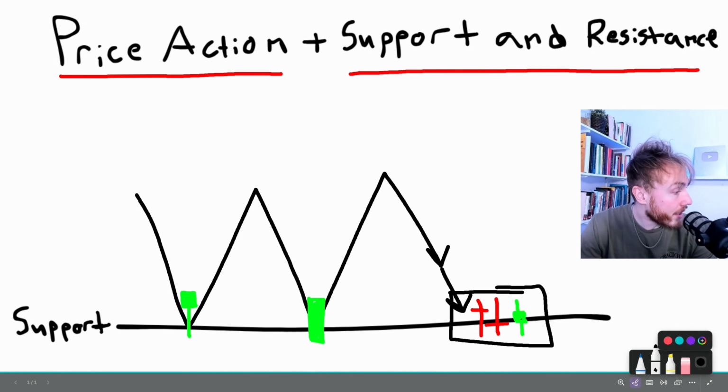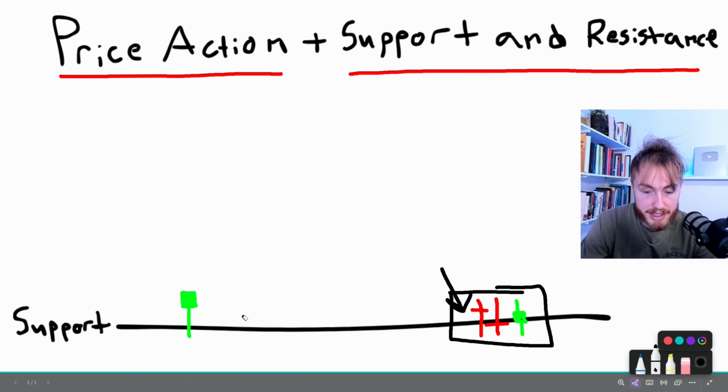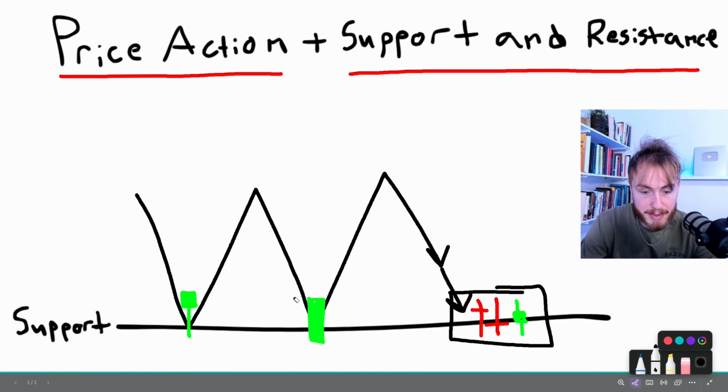And here it gets even more sketchy if you look at the price action of the previous touches. I accidentally deleted it. But if we look at the price action of the previous touches, and we notice that these touches maybe weren't as convincing either. Maybe instead of a hammer, we might have had a candle that looks more like a spinning top.